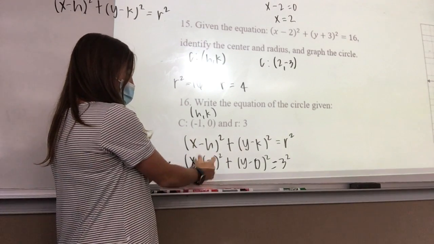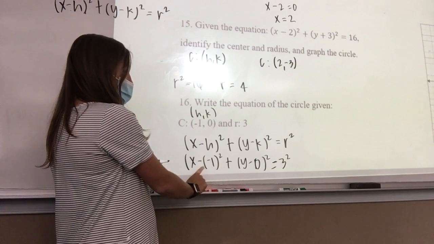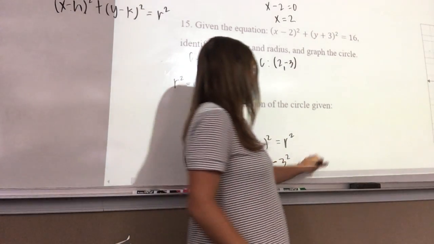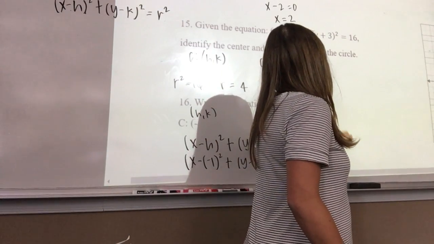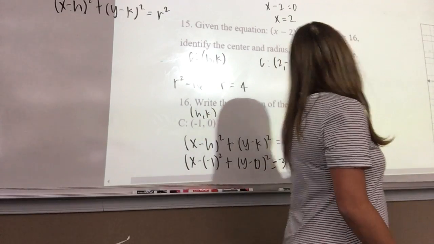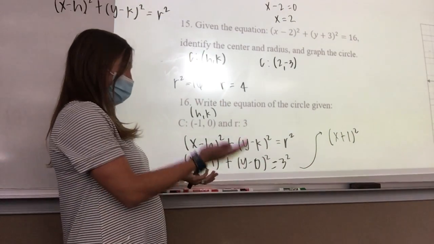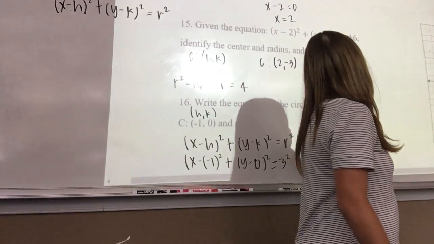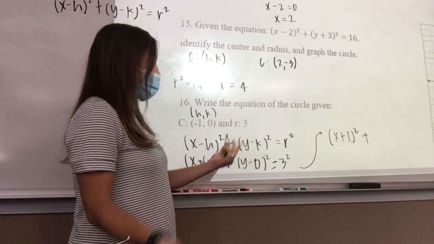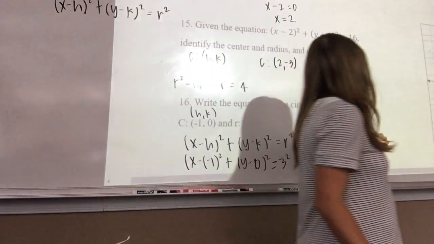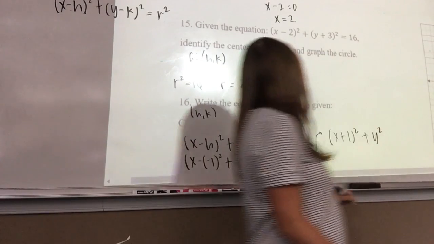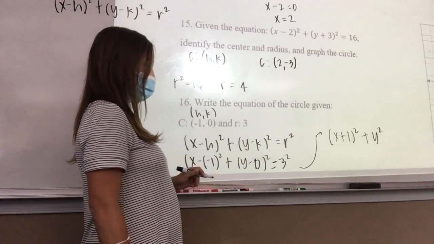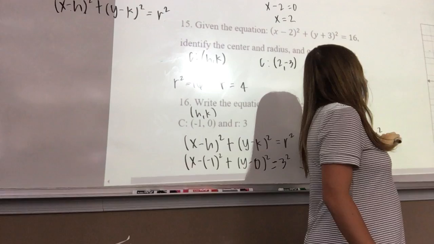I plugged in my h, which is -1, and minus a negative becomes x plus 1. You could have skipped that step and just changed the sign from negative to positive, because that minus sign just changes everything. y minus 0 is just y, so if you wanted to just put y squared, you could. You don't have to put y minus 0 squared. And then 3 squared is 9.